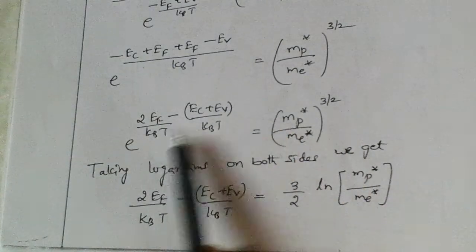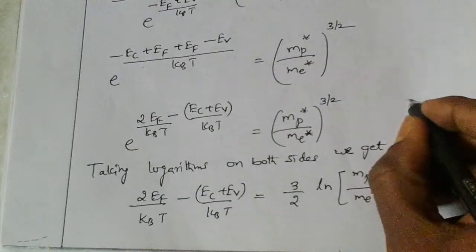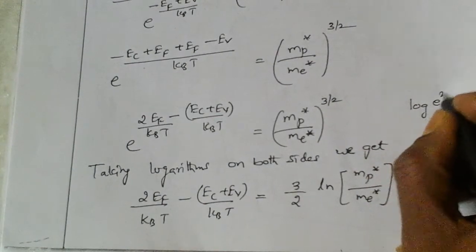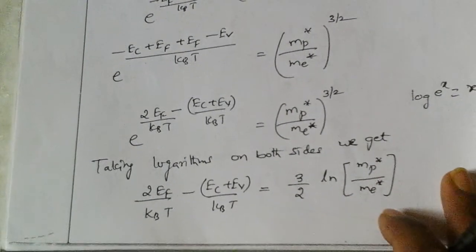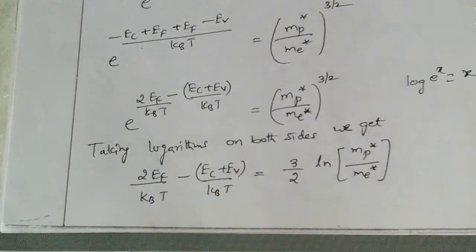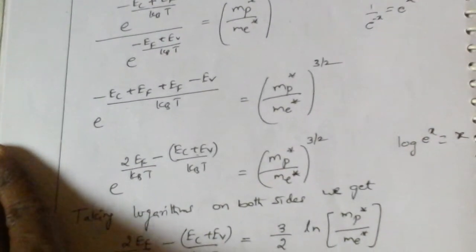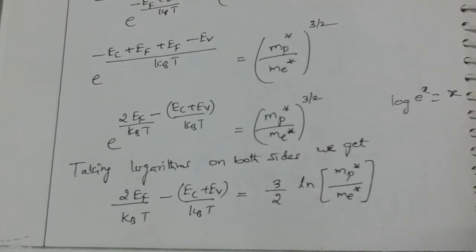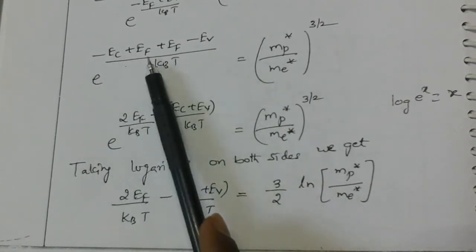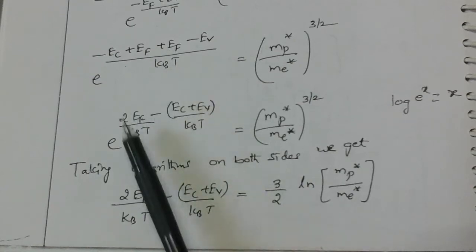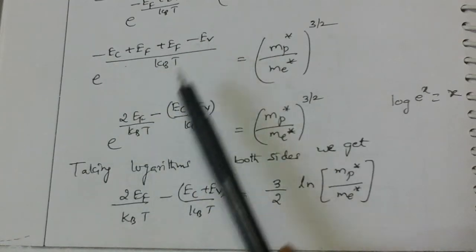If you take logarithm on both sides, what happens? Log e to the power of x is equal to x. So from this formula, e to the power of 2 EF by kBT, that we have written here, and minus is taken common.